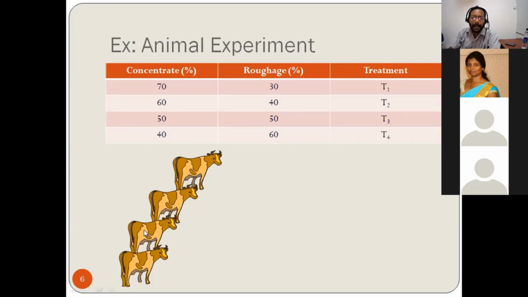Can you expect all to give the same amount of milk? No, sir. So if the parity is already different, that variability is there. So when you select 4 cows, we select them from the same breed, same parity, right?